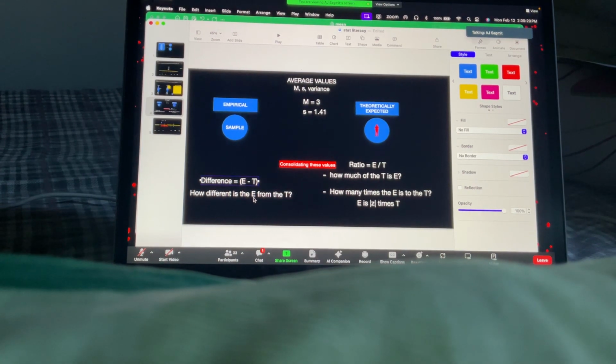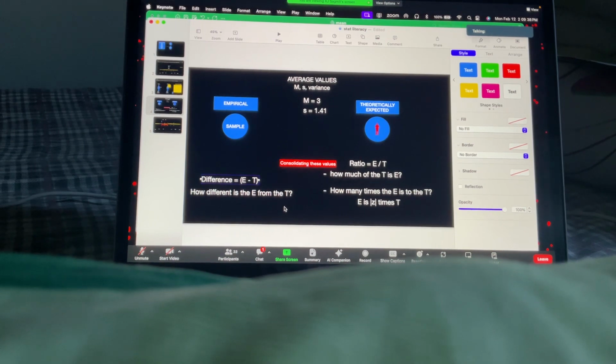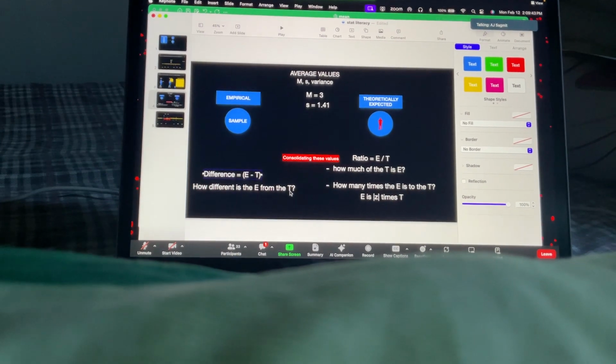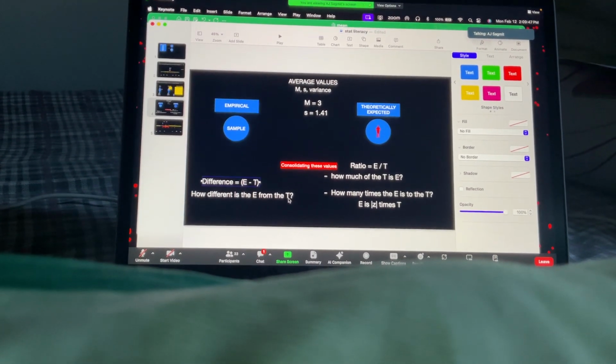So ipa-plug in mo lang yung values later. Ano yung empirical dyan sa analysis mo? Ano yung theoretical sa analysis mo? Plug in lang the values. Okay? So the empirical was the actual score of Mike. The theoretical would be the theoretically expected score of Mike, which is equal to the mean.